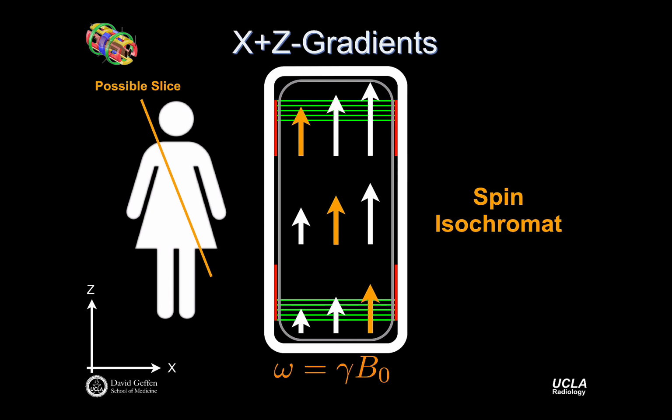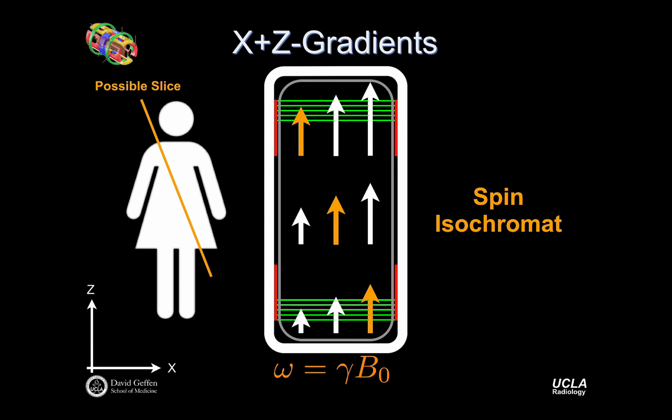You've turned on a Z gradient, green. You've turned on an X gradient in red. But those spins, the orange ones along that diagonal, the net fields that they see are actually all the same. So they're being acted on in slightly different ways by the gradients, but the net effect is the same. So what does that mean about their precessional frequency? It's all the same, right? So that's kind of interesting, right?